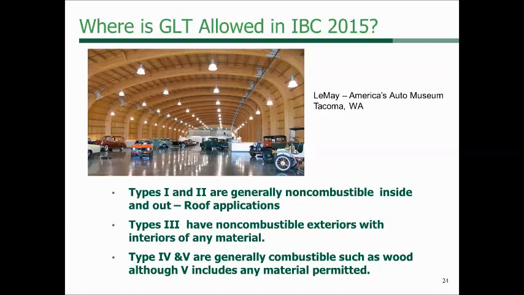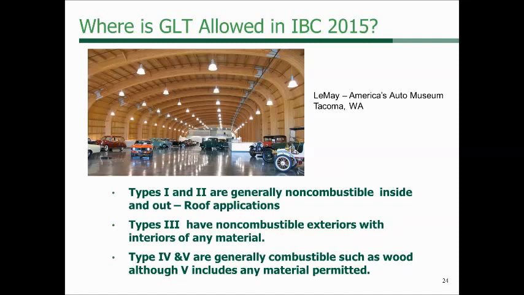It was actually, I believe, a type 2 construction, but they were able to use glue-laminated timber as part of the roof. Now, some of you may not be familiar with the different types of construction, and Chapter 6 is where the types of construction are defined, from type 1 to type 5. Type 1 and type 2 are typically non-combustible inside and out, but there are applications where wood can be used.